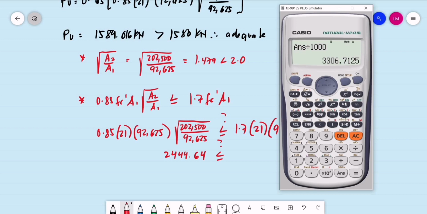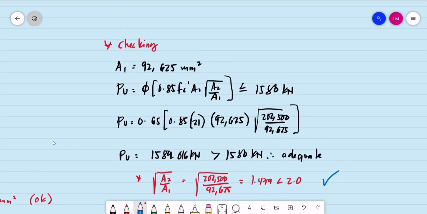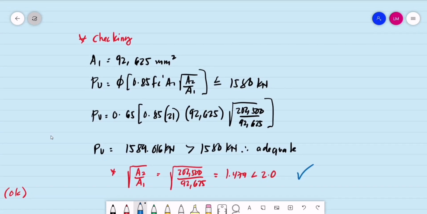Yes, the condition is satisfied. That is 3,306.71. The same with the other condition. So we are good when it comes to our area 1, the 92,625 square millimeters, with B equal to 285 mm and N, the dimension, 325 millimeters.